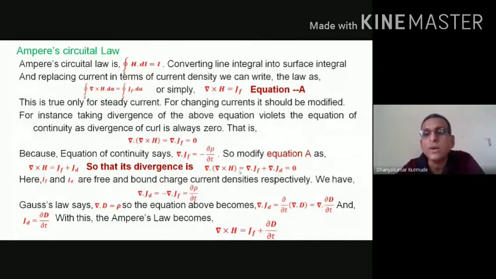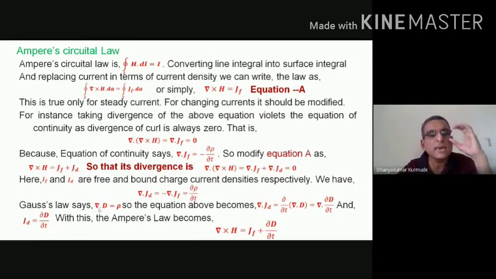Now we know the value of divergence of JF from the equation of continuity. So we can write divergence of JD is equal to minus divergence of JF, which is equal to dou rho by dou t according to the continuity equation. Now again we can replace this rho in terms of Gauss law.